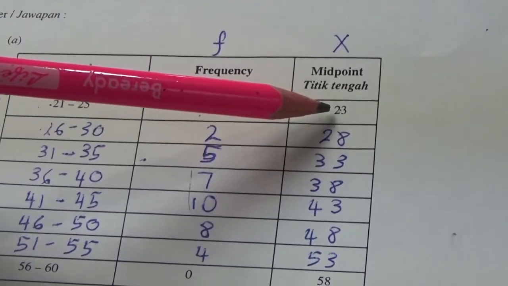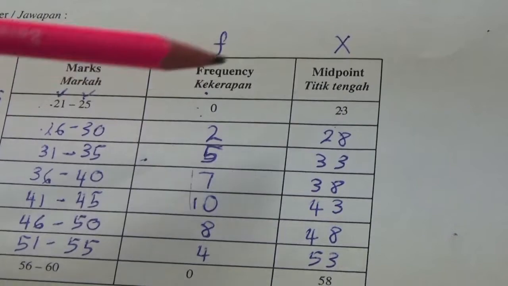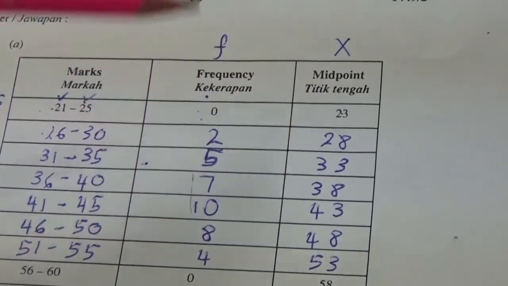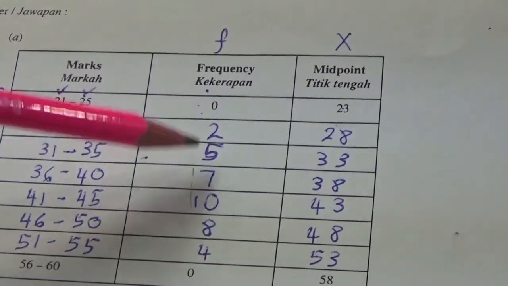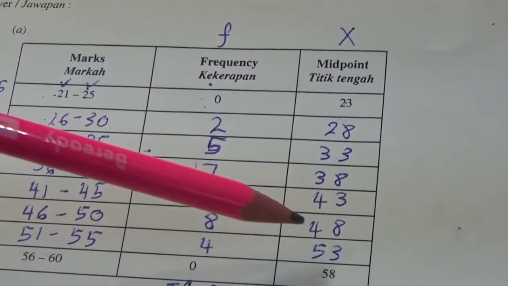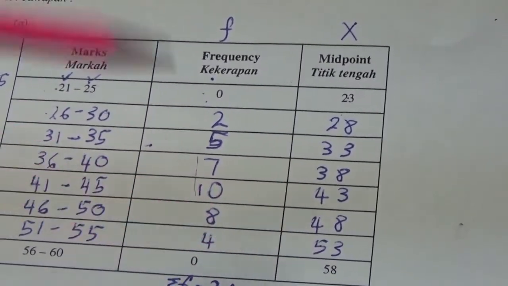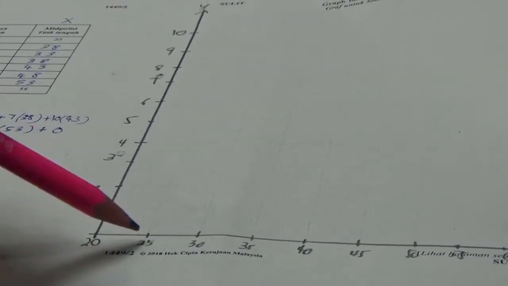So we look for the points 23, 0, 28, 2. So you have to plot 23, 0, 28, 2, 33, 5, 38, 7, 43, 10, 48, 8, 53, 4 and 58 as 0 accordingly. If you look here, you have started the axis from 20, 25.